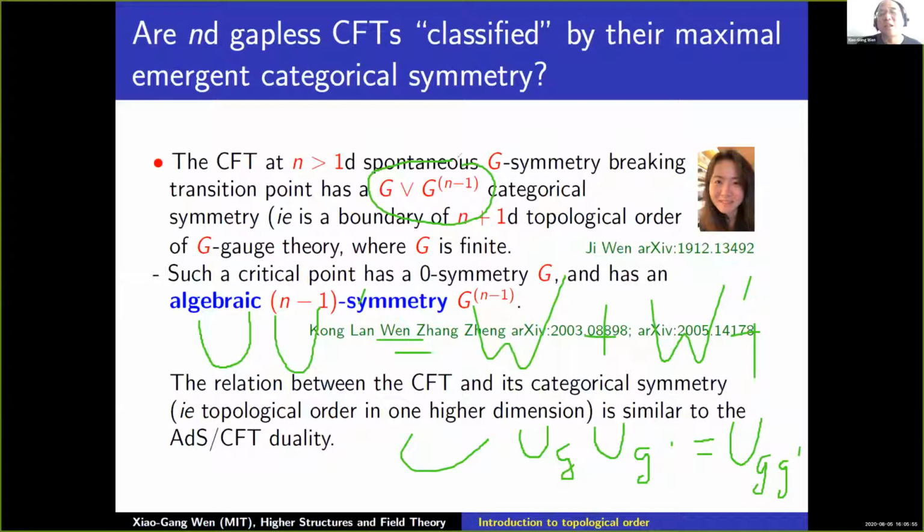Say like this Z2 topological order, the conservation of Z2 charge is very much like ordinary symmetry, and the conservation of Z2 flux is like an ordinary higher symmetry. But when you combine them together as a Z2 gauge theory as a whole, then it's not quite a symmetry. It's really a unitary fusion category or some higher fusion category, but it has a part really like a symmetry.